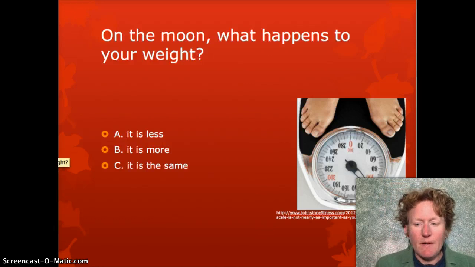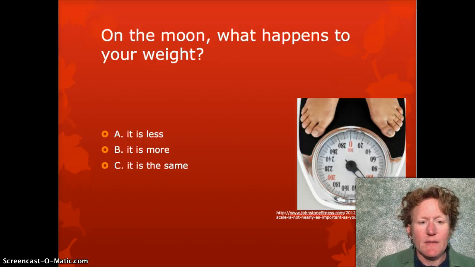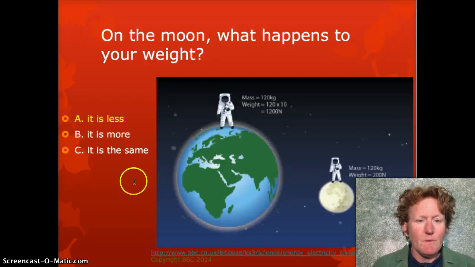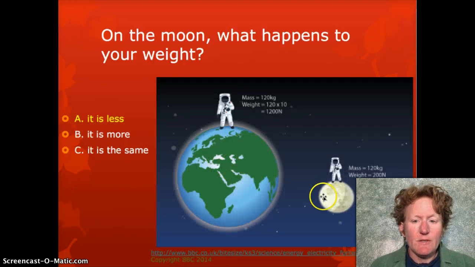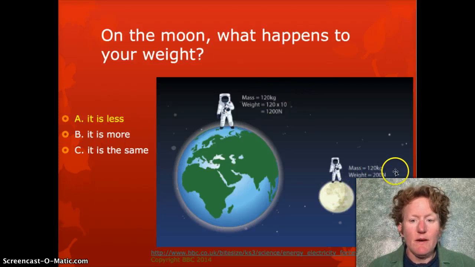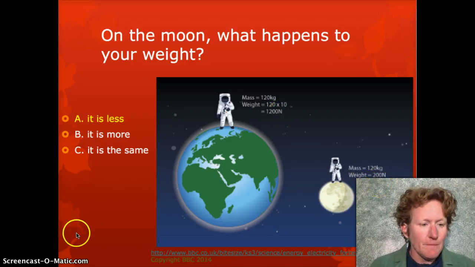You don't lose matter on the moon, but you do lose weight because that's due to gravitational pull. And if the gravitational pull of the moon is different, your weight's going to be different. You can see here that gravitational pull on the moon is less, therefore you weigh less. Your mass here is the same. Check out the astronaut here and the astronaut here, same astronaut, same mass, but the weight is 1,200 newtons here on Earth and only 200 on the moon.